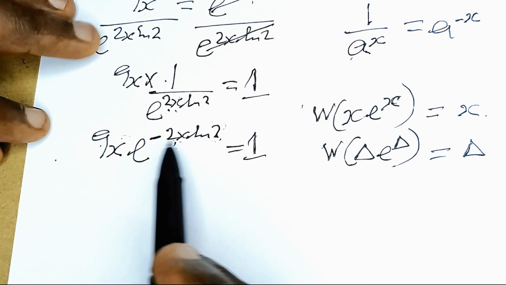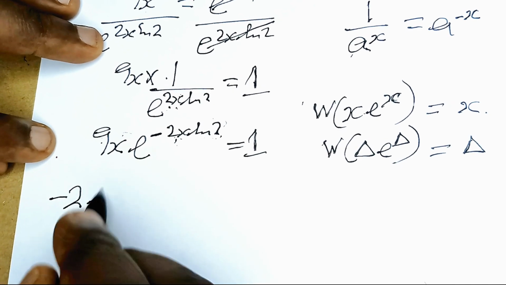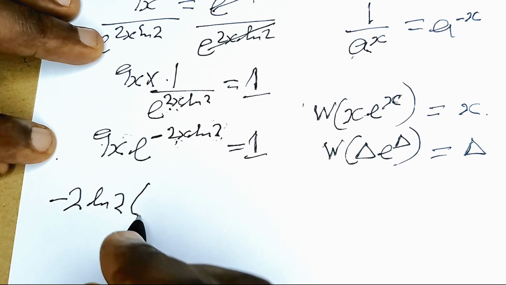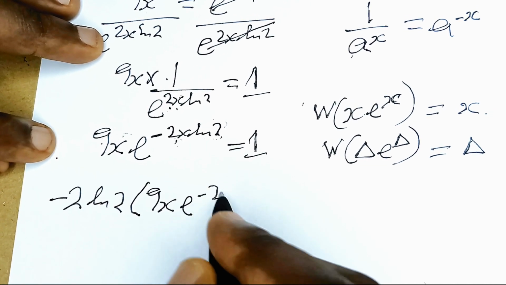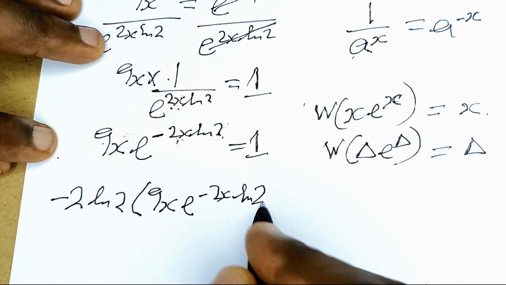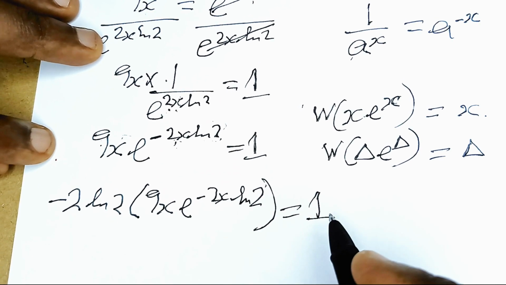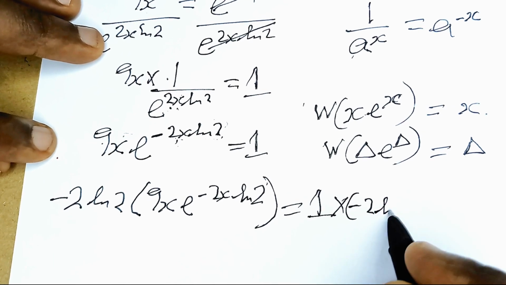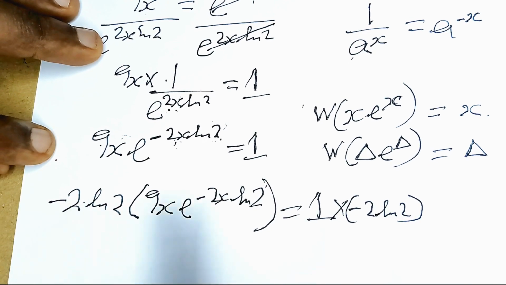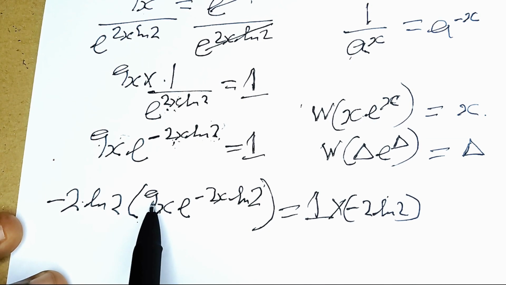Multiplying both sides by minus 2 ln 2, it means we have minus 2 ln 2 into 9x exponential minus 2x ln 2 is equal to 1 times minus 2 ln 2. So we have done that to both sides. Now we have to divide both sides by 9, because this 9 is odd.